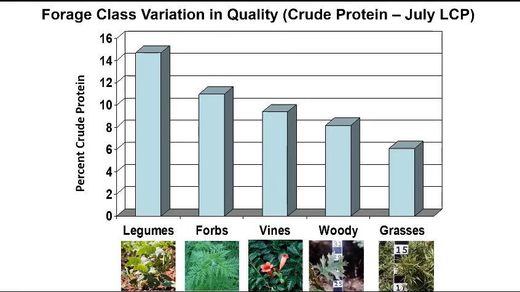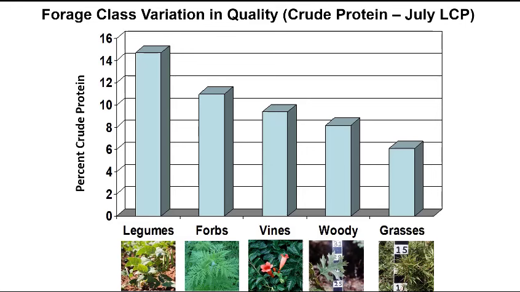In this particular slide is some data we collected during July, which is one of the toughest months of the year from a nutritional standpoint in the southern United States. And LCP refers to the lower coastal plain, so this is one of the lower quality soil regions in the southern United States. So one of the worst regions from a habitat quality standpoint.